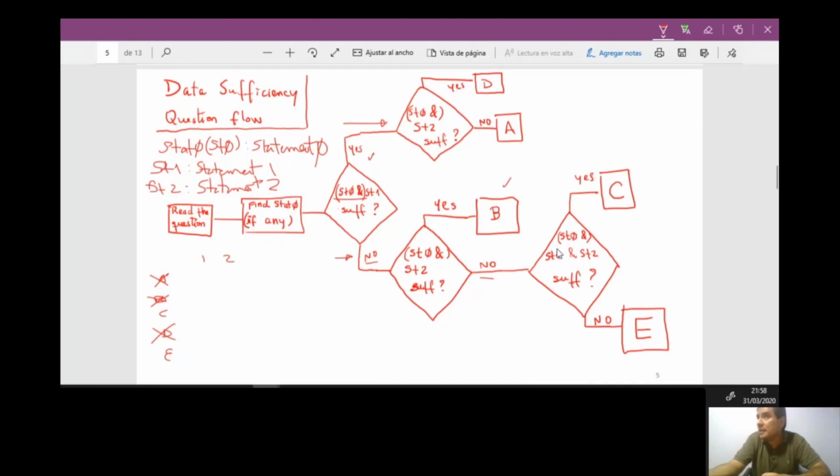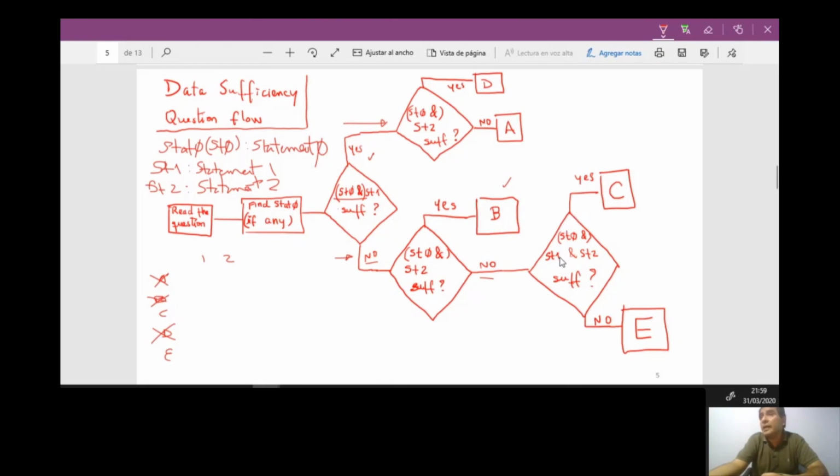Yes, you need to combine that information as well, together with statement 1 and statement 2. What's the purpose of this? Well, to see if the two statements supplement each other. Okay, if they provide enough information together so that we can answer in a unique way to the question.